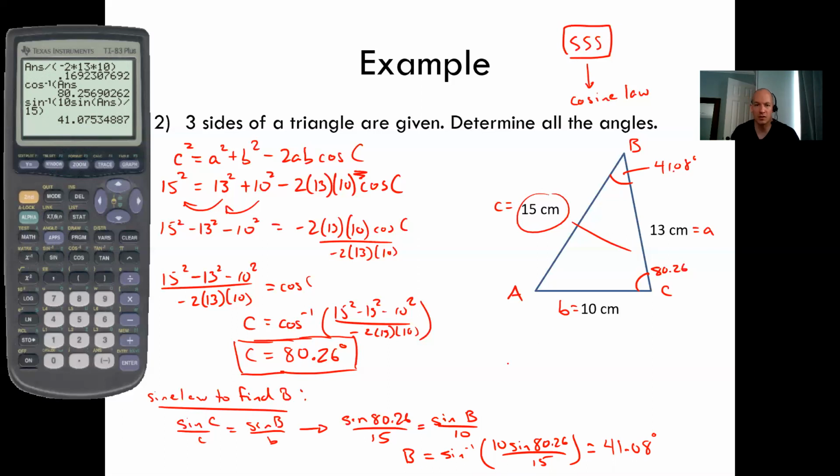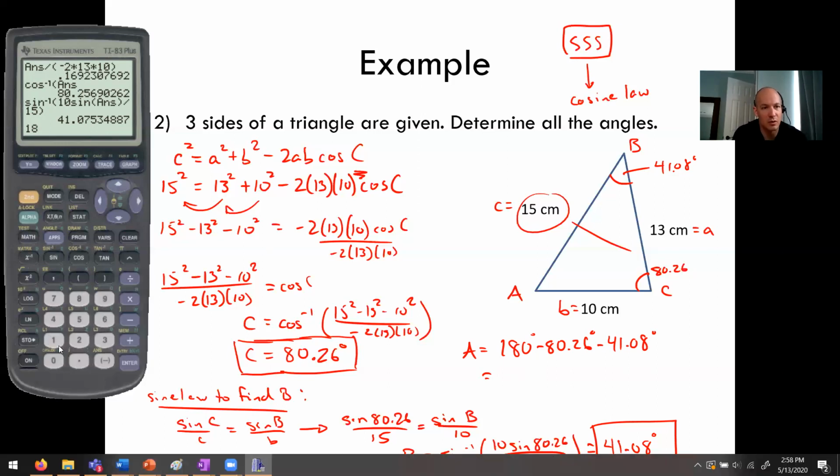And of course, finally, so there's B, and then I'll go A. If I'm confident in my work, which I am now, after looking at my mistakes, I will work out the remaining angle by just going 180 minus all that. Oh, I could try and do this in my head, but seeing how I've made two dumb mistakes so far in this video, I am going to just use my calculator and be very safe.